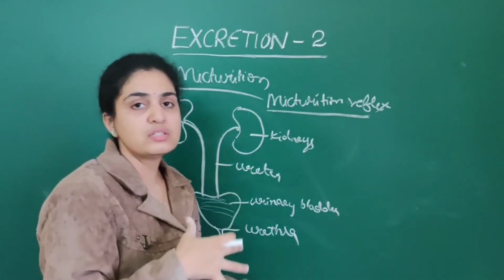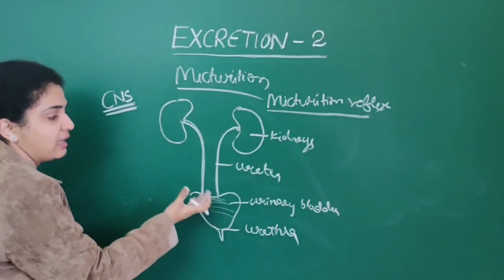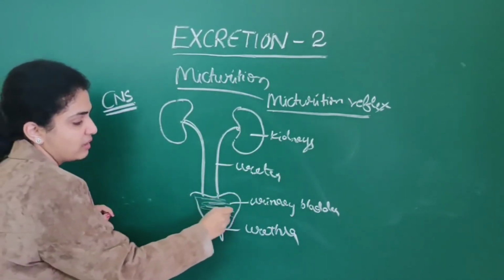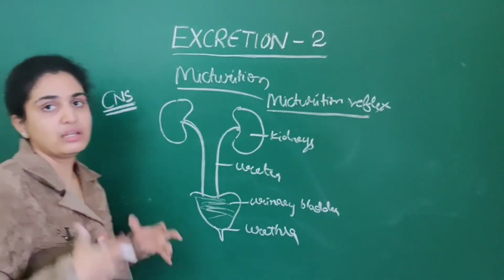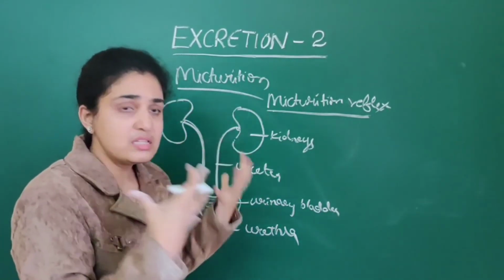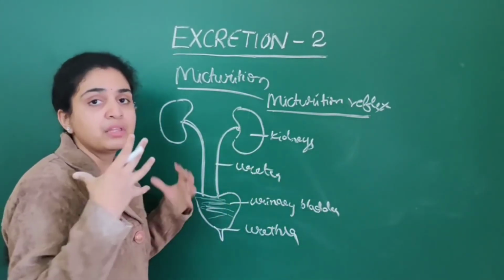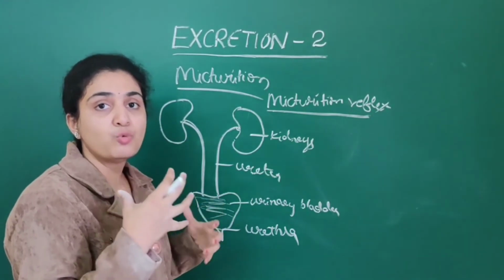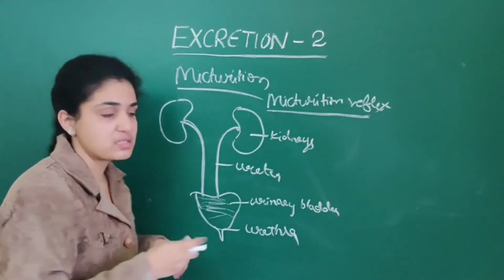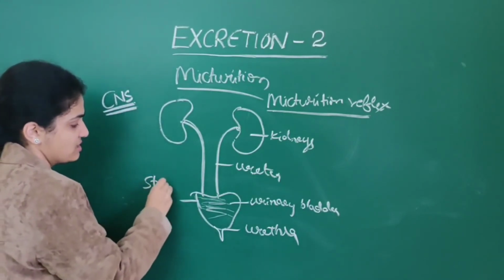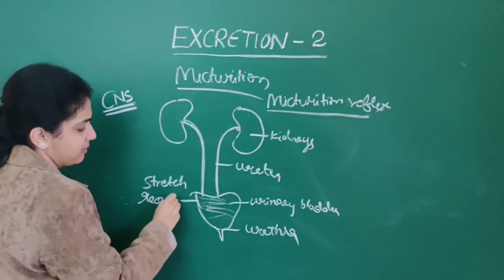Through the neurons, the CNS gives voluntary signals, and the urine is stored in the urinary bladder. Initially the bladder relaxes its smooth muscles. Stretch receptors are present in the urinary bladder.